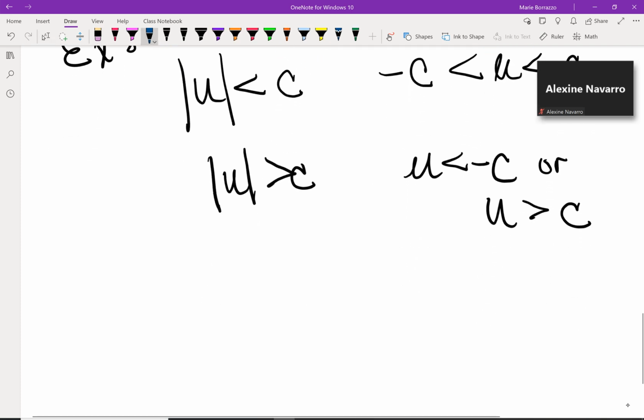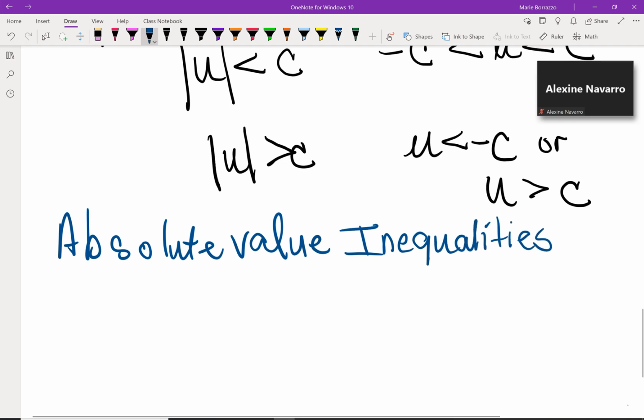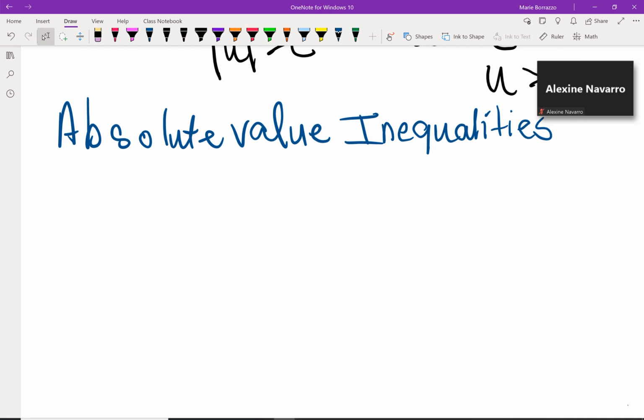So these are absolute value inequalities. All right, so in absolute value inequalities, they're going to start you with the absolute value of x minus 4 less than 3.